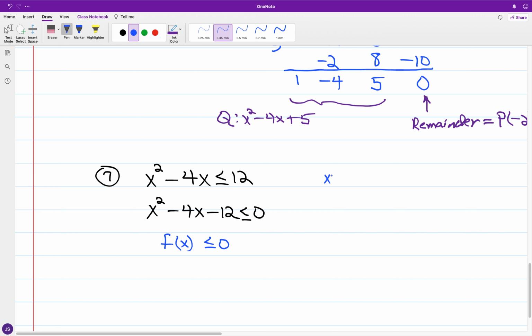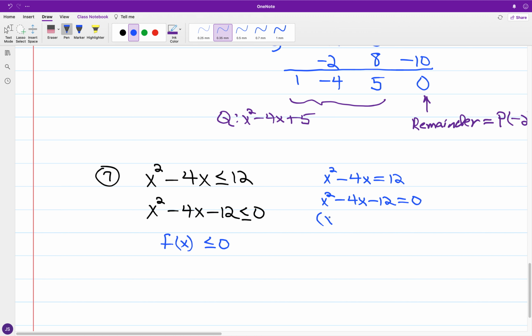If I'm looking for the zeros, from the premise, say I had x squared minus 4x equal to 12, and I rewrote this as a quadratic equation in standard form: x squared minus 4x minus 12 is equal to 0.